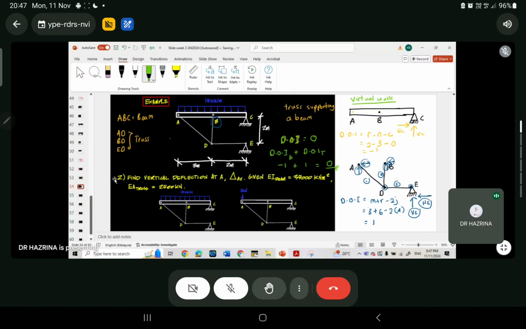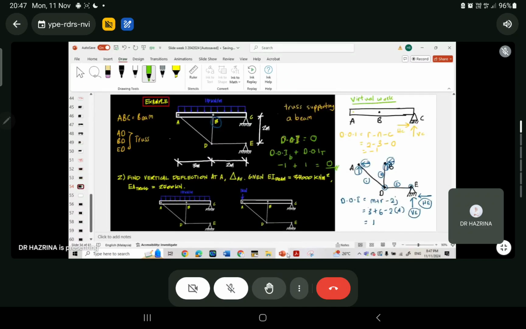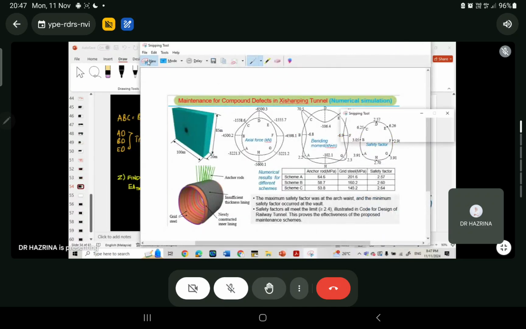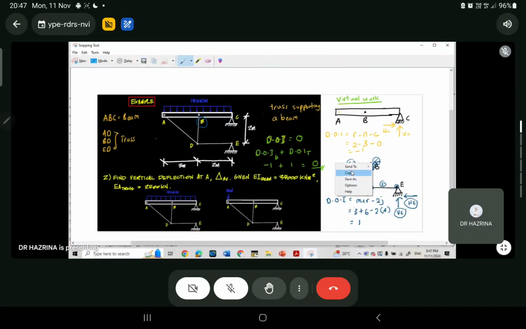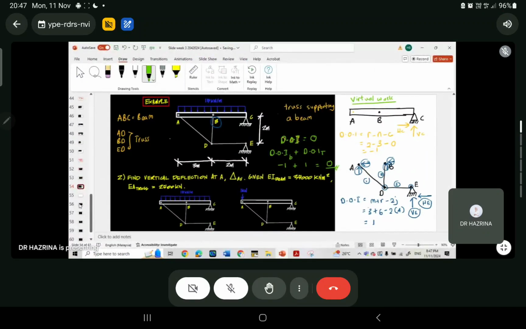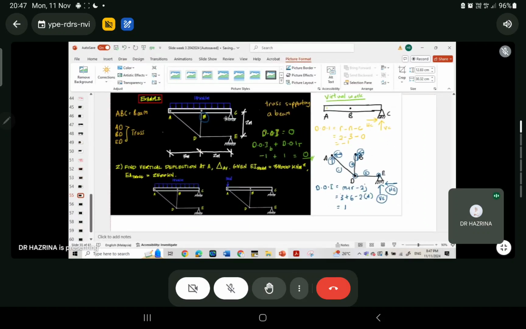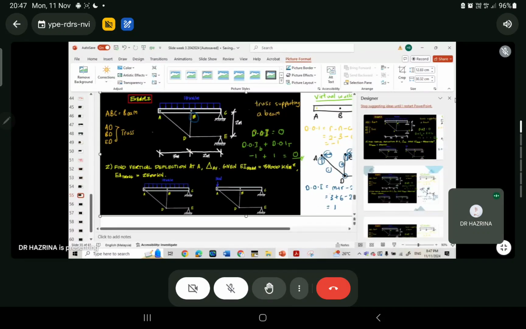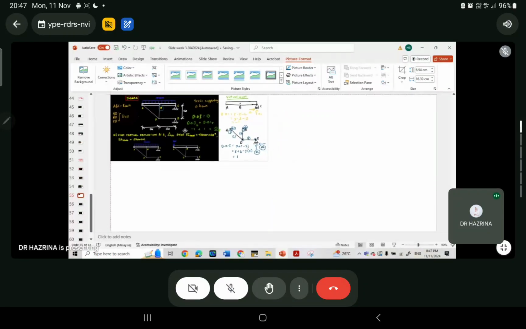Okay, so now that we have this, we already know how to calculate the DOI. You need to understand how to calculate it for the composite, so you have to know what its DOI is.